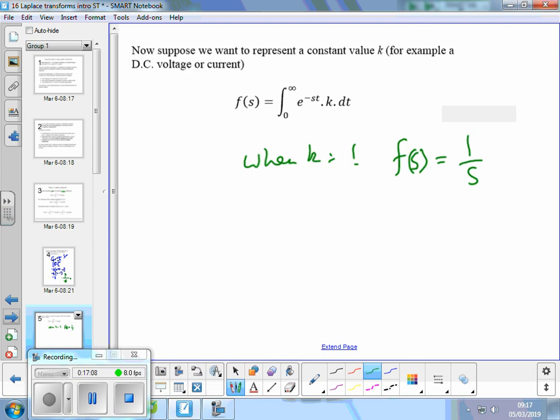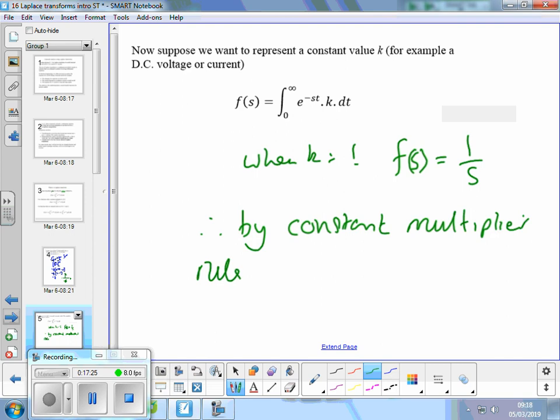By the constant multiplier rule, which is what I've already told you, the Laplace transform is equal to k times 1 over s, which is equal to k over s.